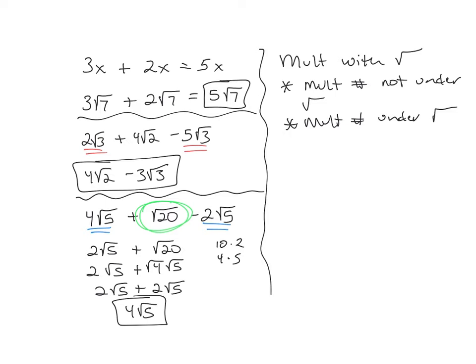Okay, so if you had, just to be very simple, square root of 5 and square root of 2, because they're both underneath, I can make it square root of 10. If I had 5 and I had square root of 2, I cannot multiply that, and it would just be next to each other like that. Okay, so if they're both just out, they're not under the square root, then you can multiply them together like normal.